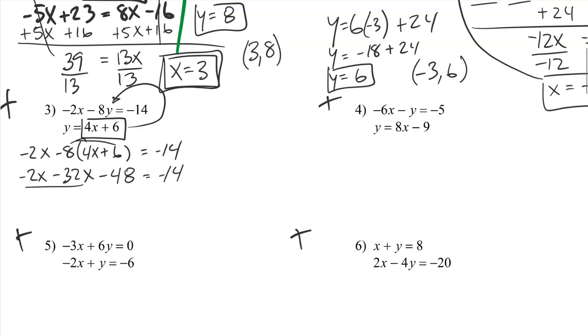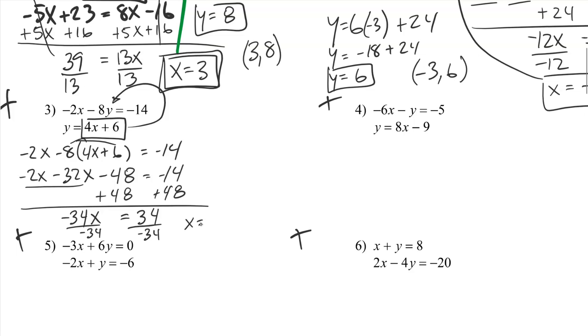And now we'll combine like terms and we'll add 48 to both sides. So negative 2x and negative 32x make negative 34x. And 14 plus 48, or 48 minus 14, is 34. So we'll divide by negative 34.